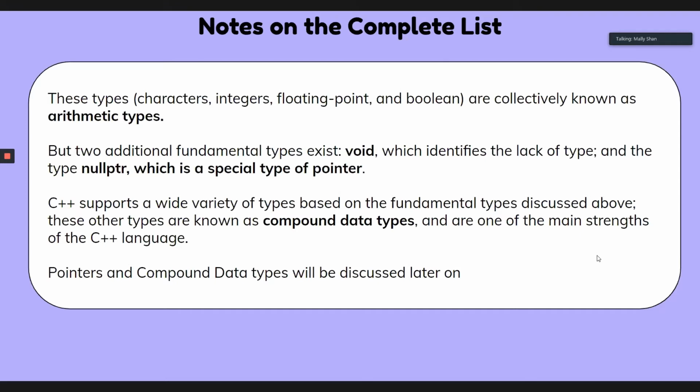So for example, a character counts as a fundamental data type because we're only referring to one letter. And when we're compounding that one letter together to create a string of sentences, we get a string. It's just an example, basically. A compound data type is just the combination of multiple fundamental types.